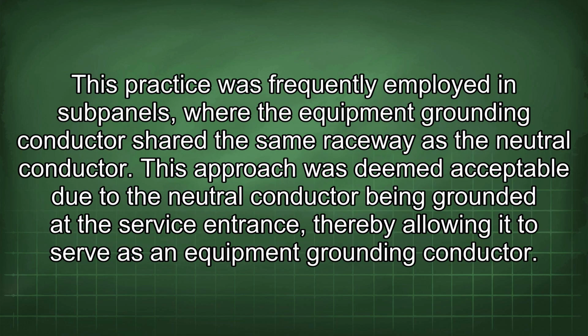This practice was frequently employed in subpanels, where the equipment grounding conductor shared the same raceway as the neutral conductor. This approach was deemed acceptable due to the neutral conductor being grounded at the service entrance, thereby allowing it to serve as an equipment grounding conductor.